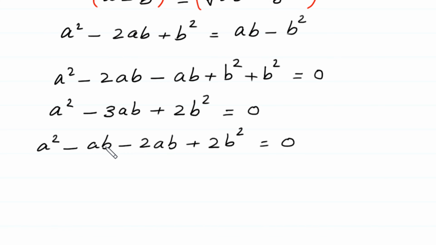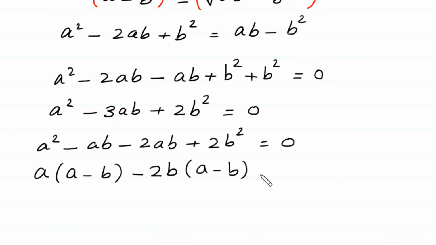Next, from these two terms we can take a as common: a times, in bracket, a minus b, and from these two terms we can take minus 2b as common: minus 2b times, in bracket, a minus b is equal to 0.